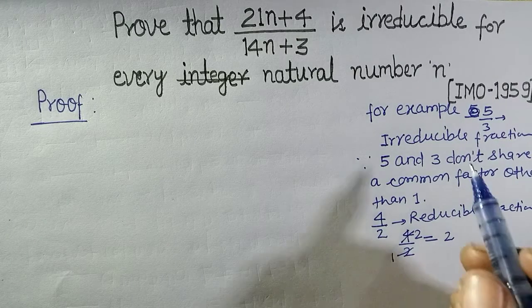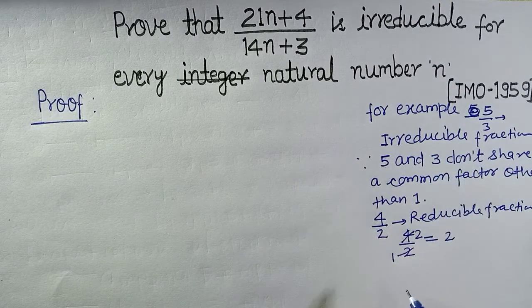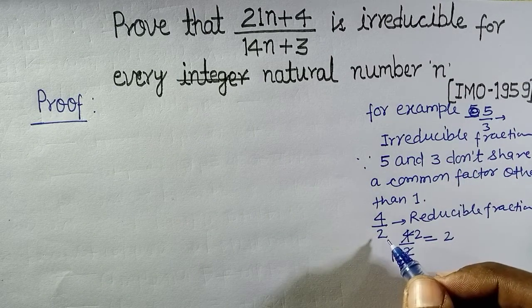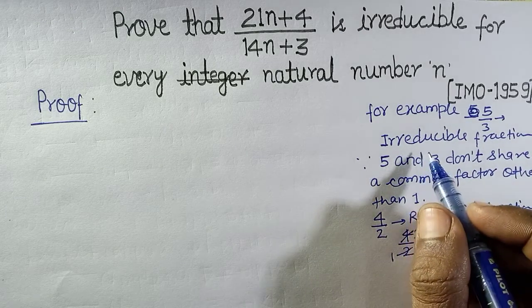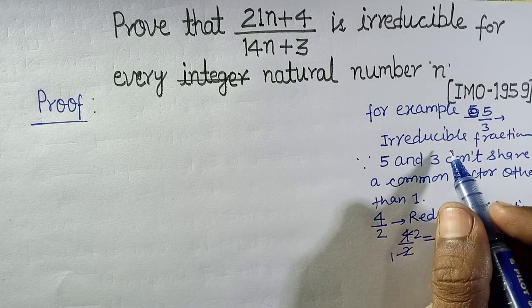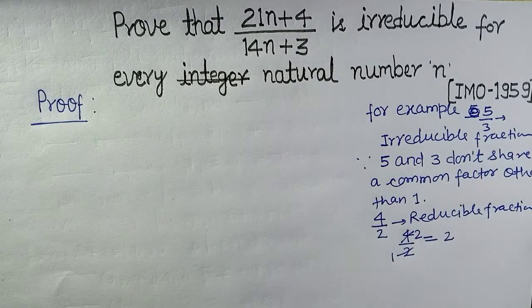So basically, reducible fractions are those which can be converted into their simplest form, and irreducible fractions are those which cannot be converted into their simplest form.